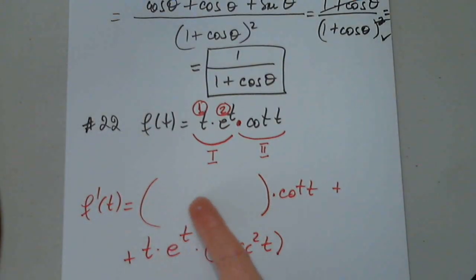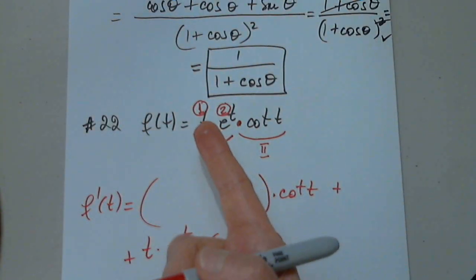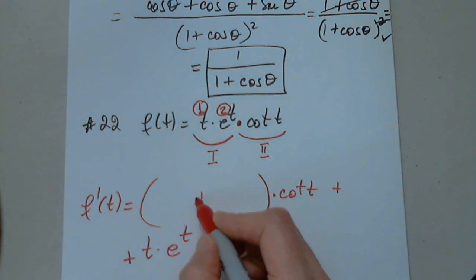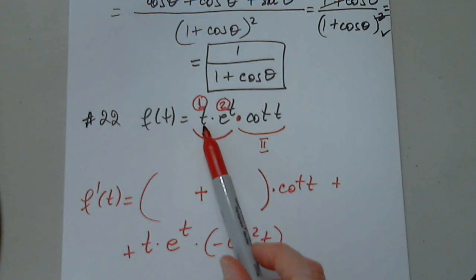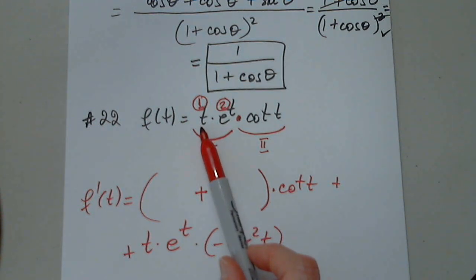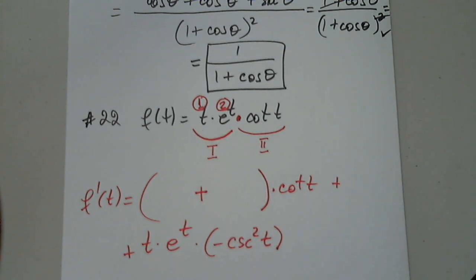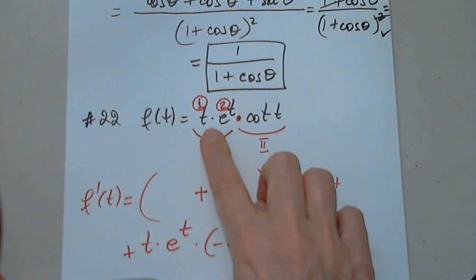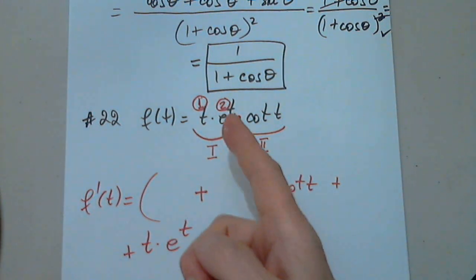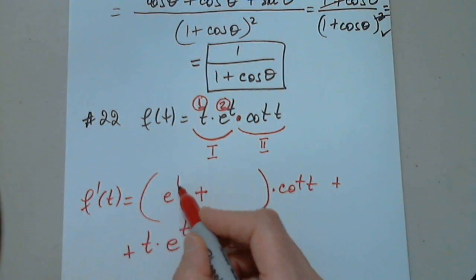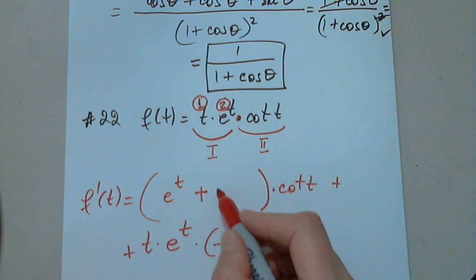Now, in here, I have to use the product rule. Every time I use the product rule, I have to have a sum of 2 terms. So, let's differentiate the first function. What do we get? When we differentiate the first function, 1 times e to t plus t.